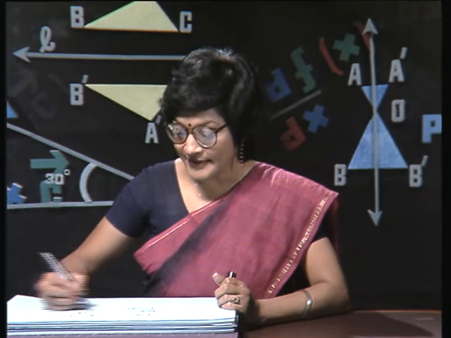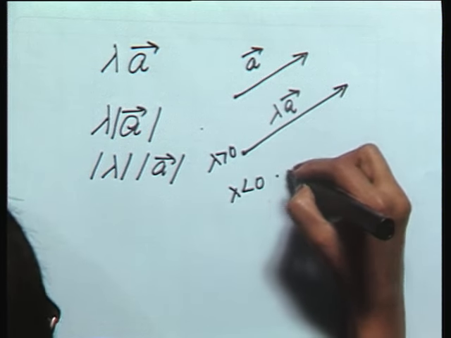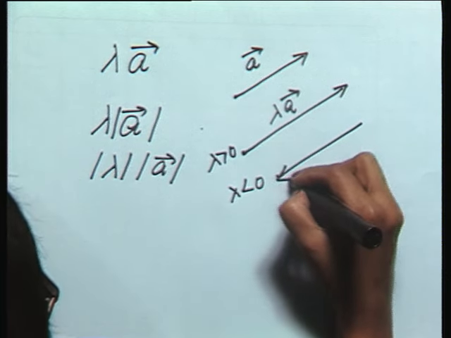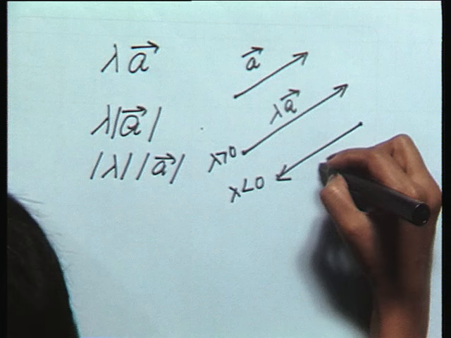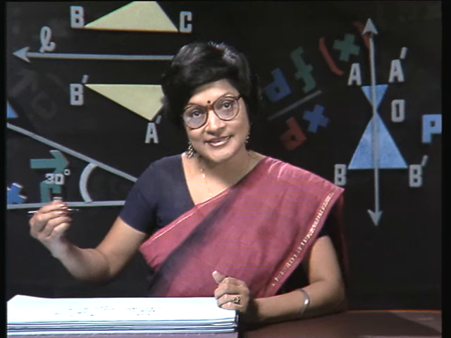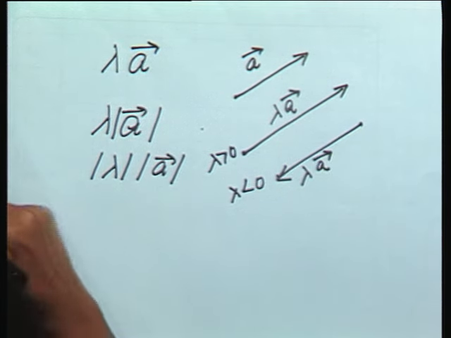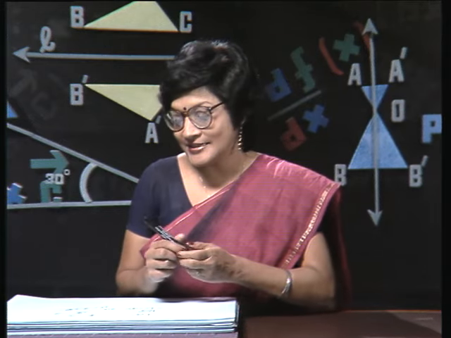If lambda is negative, then the vector would be in the opposite direction to that of A. In other words, we call it anti-parallel to A to distinguish it from parallel in the same sense. Okay. So, this is the meaning of lambda times A.